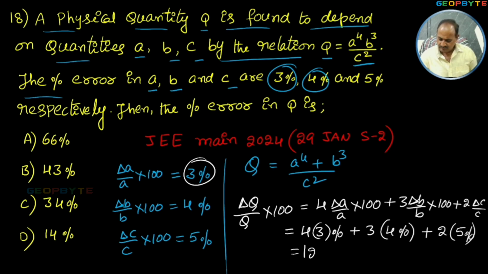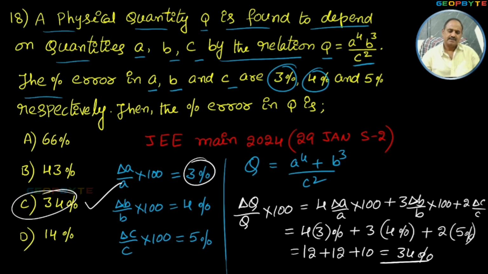Simplified, it is 12 plus 12 plus 10, which is 34 percent. Look at option C. Option C is absolutely correct. Are you following clearly? Yes.